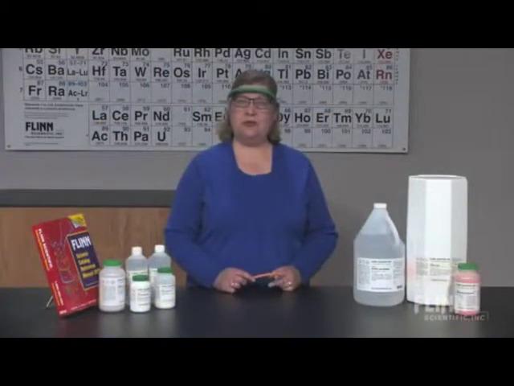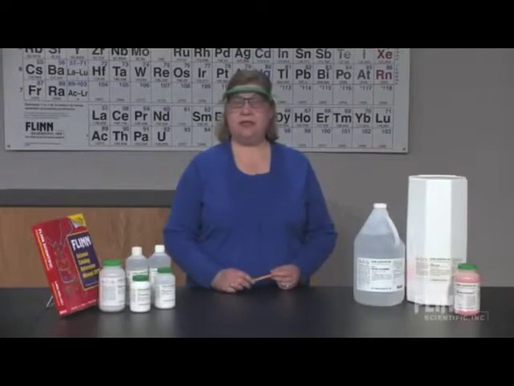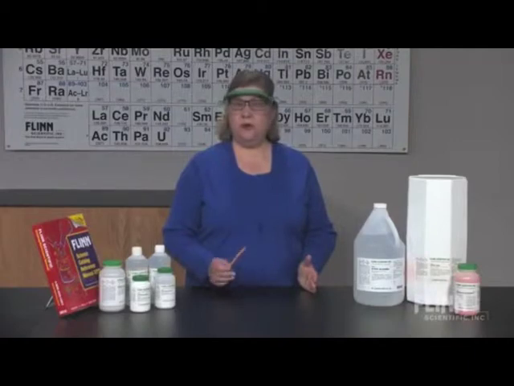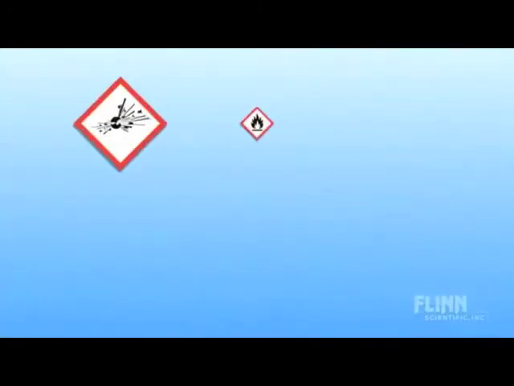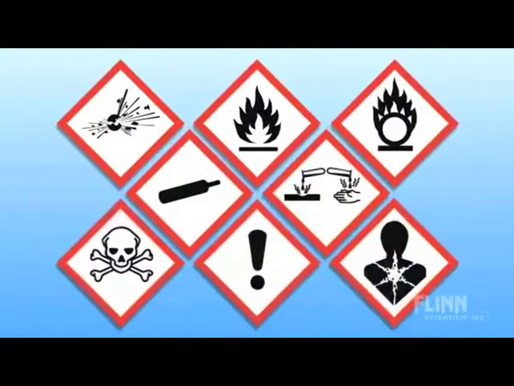Different signal words and hazard statements will be associated with these pictograms on the labels and on the SDS to further distinguish the hazard level or the rank within that hazard category. Here are the pictograms, what they stand for, and an example for each.